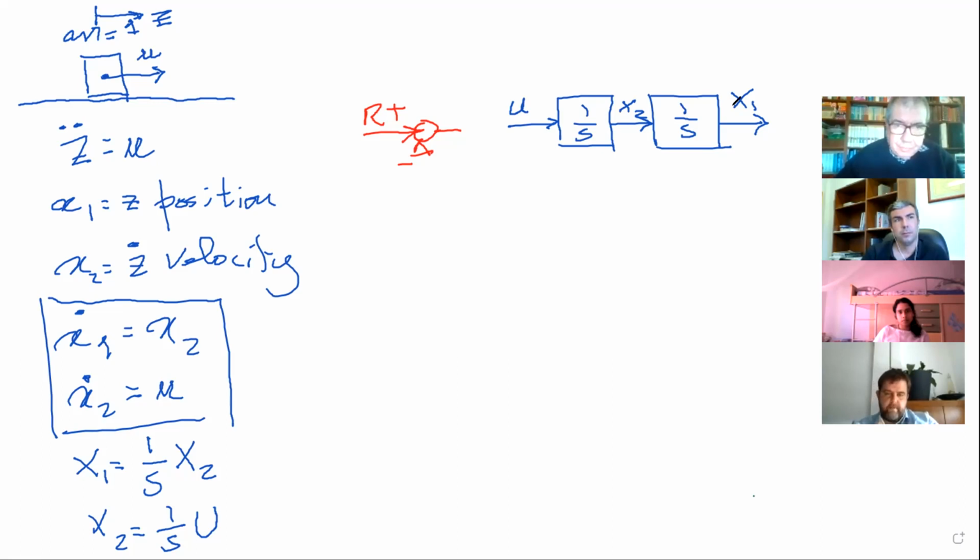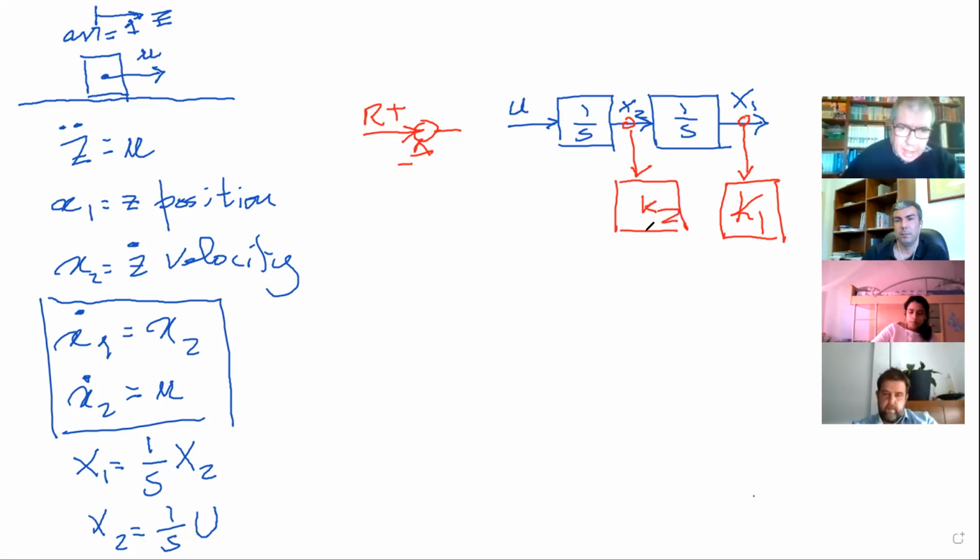So in red, so I pick up the position. There is some sensor measuring the position, and I multiply this by some K1. Then I pick up the velocity, and I put a K2 here, and I add. And this is plus. And then I feed it back. Okay?